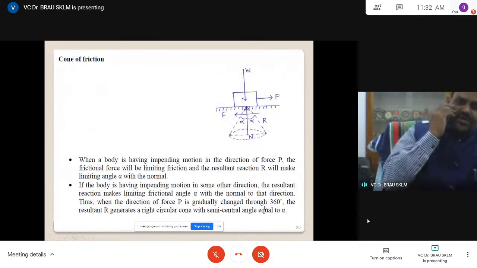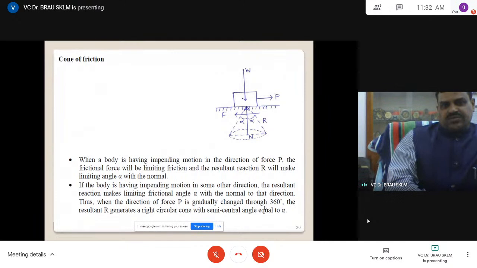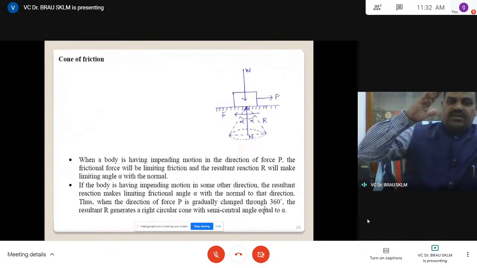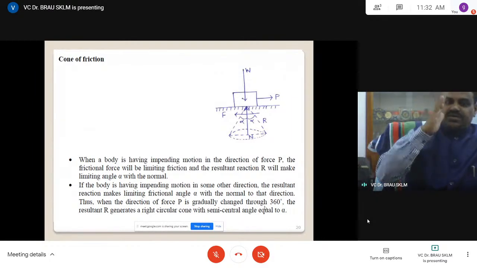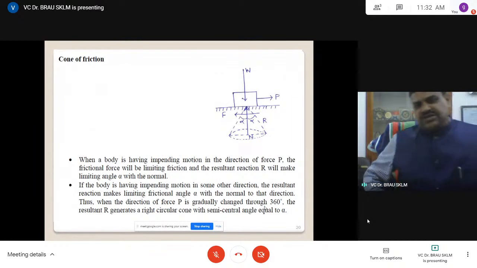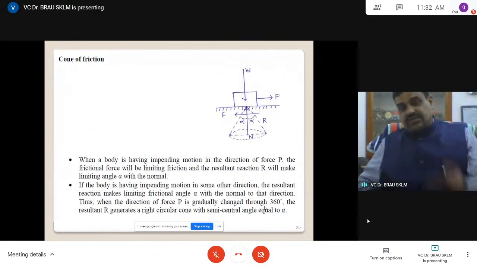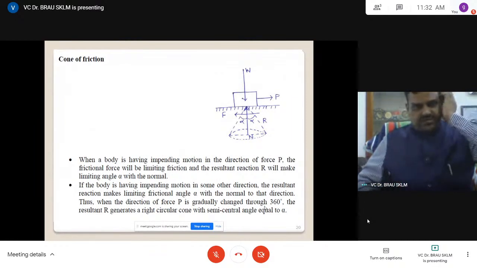That is how the analogy of cone friction comes. That resultant vector R with respect to the horizontal, making a 360 degree rotation, will form the surface of a cone. That we call the cone of friction, the limiting value with alpha.